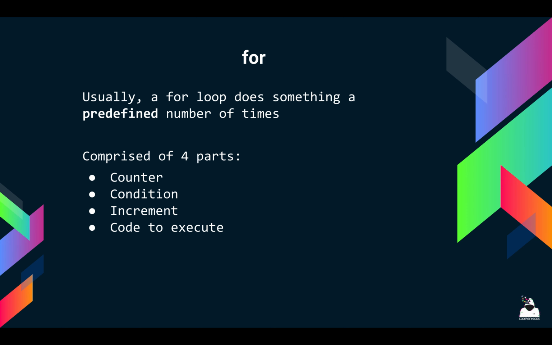Usually a for loop just does something a predefined number of times, so it is for if you want to do something a number of times that you know. You can change it, but generally, if you know, okay, I've got 10 items here, so I want to do something 10 times, then you use a for loop. It's comprised of 4 parts. We have a counter, a condition, an increment, and then the code that we want to execute every time.